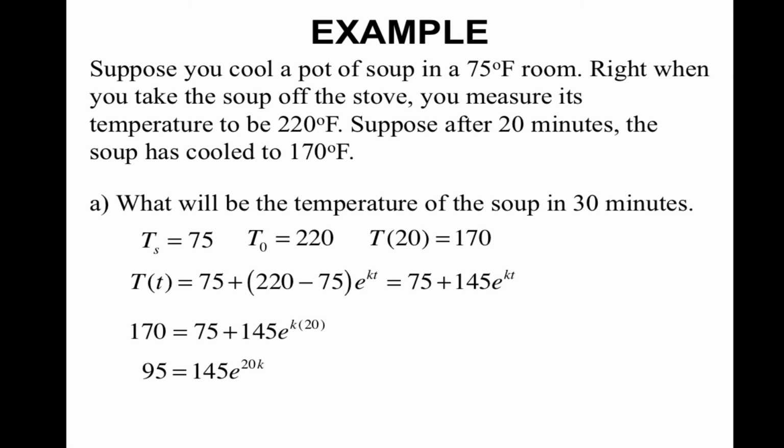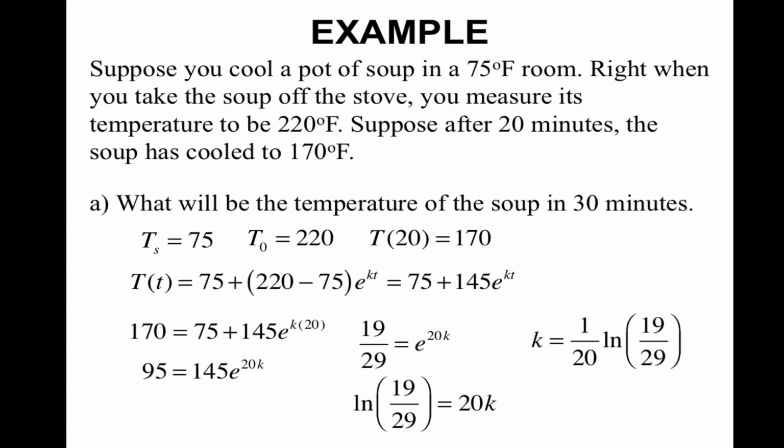So I subtracted 75 first. Now I'm going to divide by 145 and simplify. I'm going to natural log both sides, divide by 20. So I get k to be the following. And if I wanted the decimal, it would give me negative 0.0211. And it makes sense that this should be negative because the temperature is cooling.